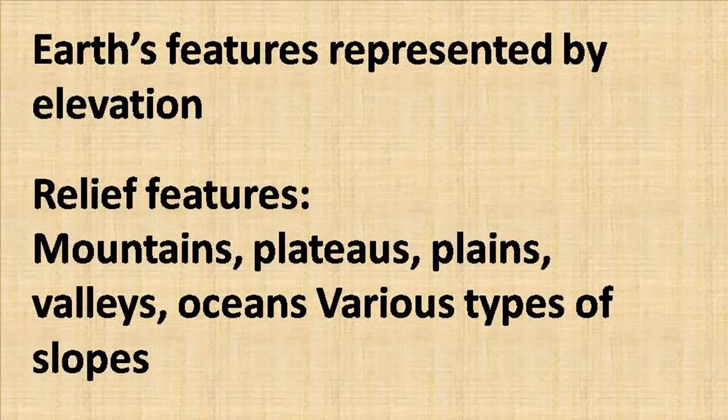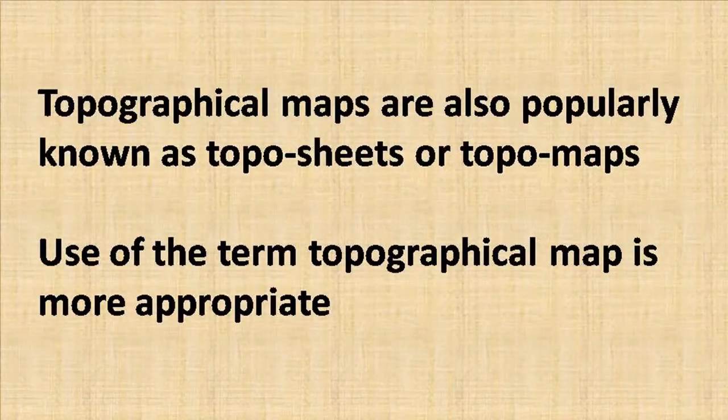Earth's surface relief features such as mountains, plateaux, plains, valleys, oceans, and various types of slope are represented in a topographical map by elevation. The topographical maps are also known as topo sheets or topo maps.